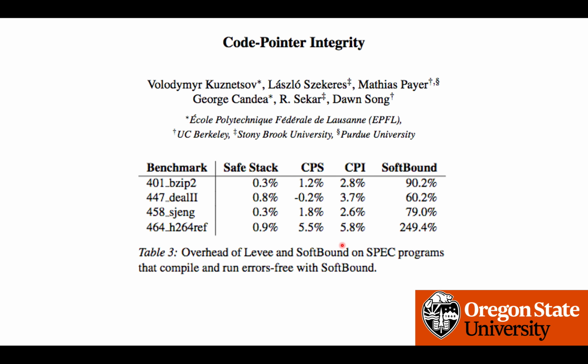It stores all the code pointers, including return addresses, function pointers, and GOT entries, in a separate area. It defines a safe region of memory and separates all the code pointers into there. No matter how attackers play with the data in the buffer, in the data region, they cannot reach the secure memory.